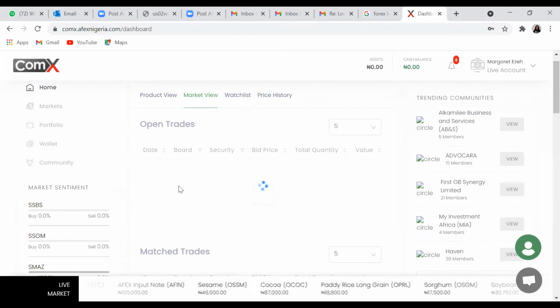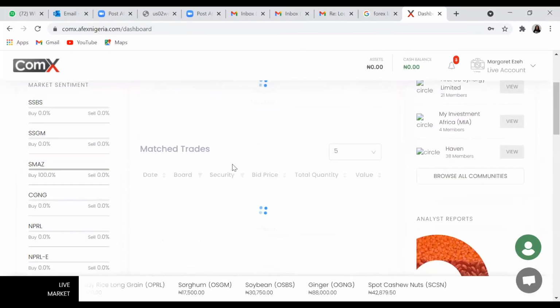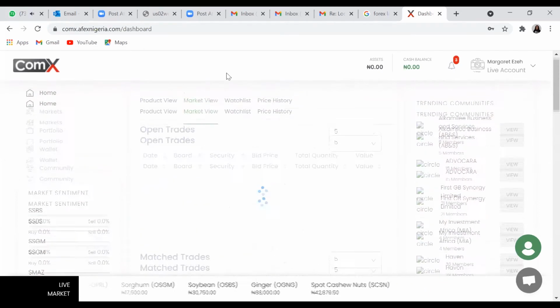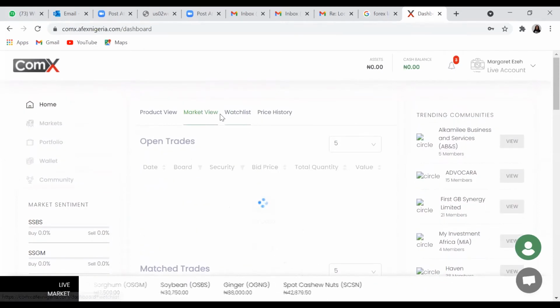And in a situation where you want your orders to be matched quickly, you have to match one of the buy or sell orders in the open trades, and your order will be matched immediately. That's basically what happens in the market view section of the ComX app, website rather.